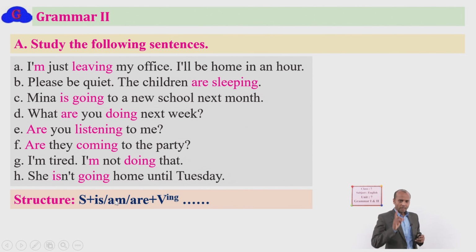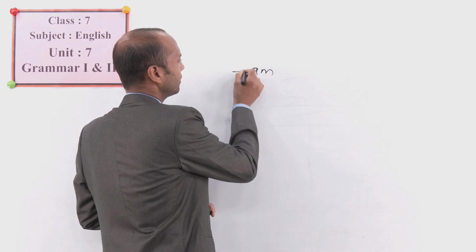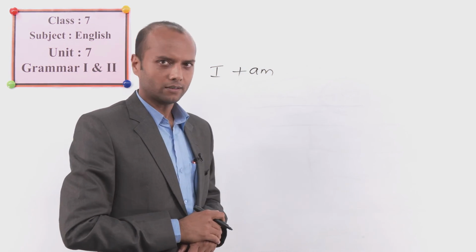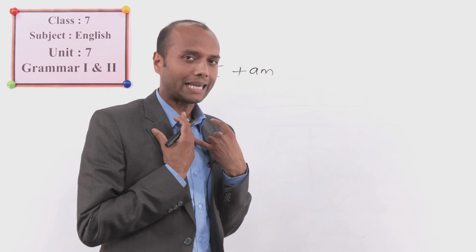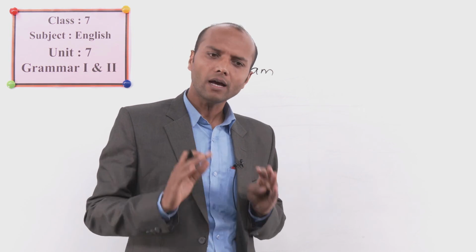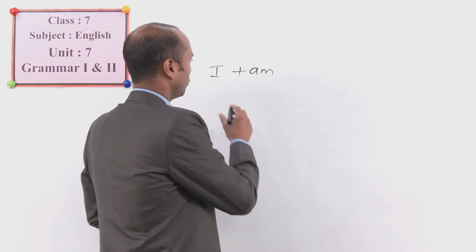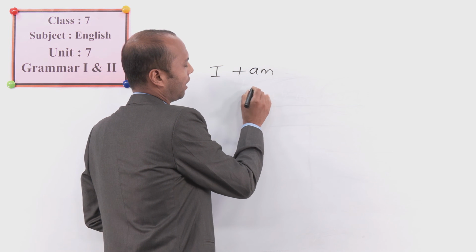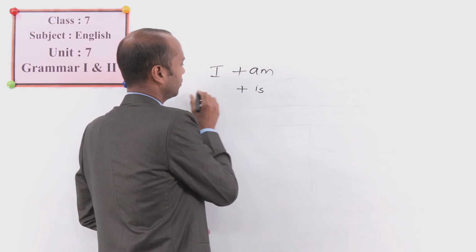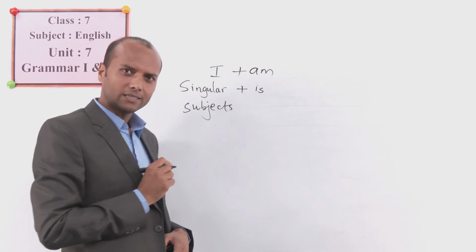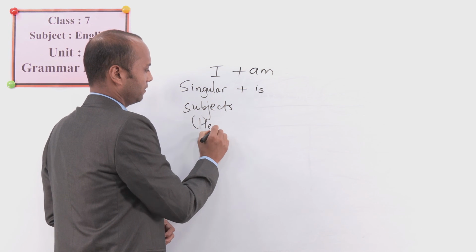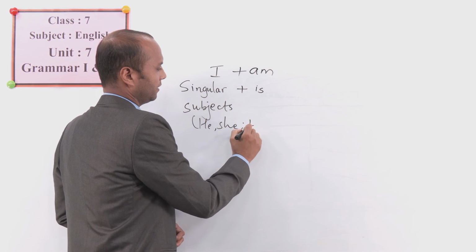So, now, dear students, you have to use am with I. Okay? For example, I am teaching English now. You have to use is with singular subjects. For example, he, she, it.